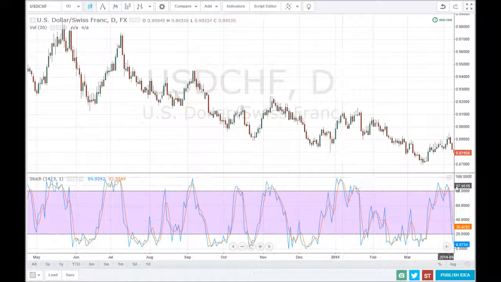So when these lines are above the 80 in this white area, that is a signal that markets are currently overbought and price could move on the downside. When these two lines are in this bottom white area, under 20 on the gauge, that can act as a signal that the market is oversold and price could move on the upside.